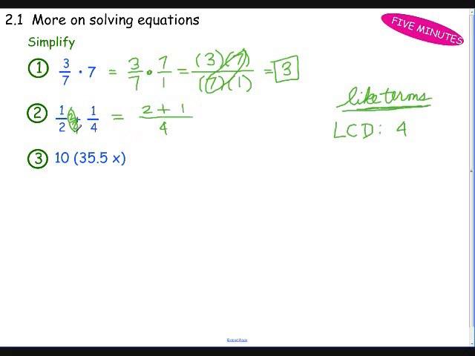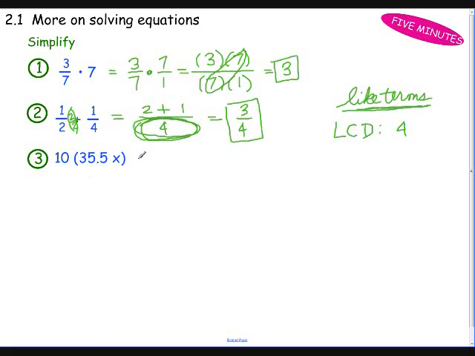Now please notice, when we're adding, we get that common denominator, and that's what we use. We don't do anything else to it. Once we have that common denominator, we leave it just like that. Where we're going to do our work, our addition and our subtraction, is in the numerator. So very different from multiplying fractions.